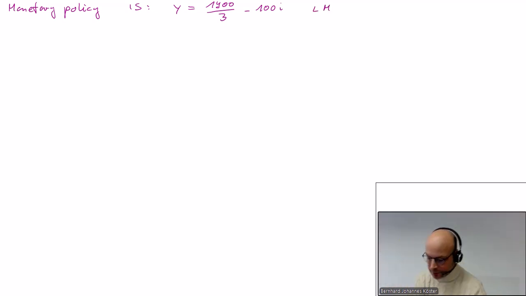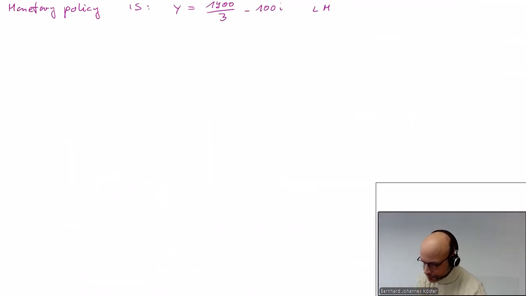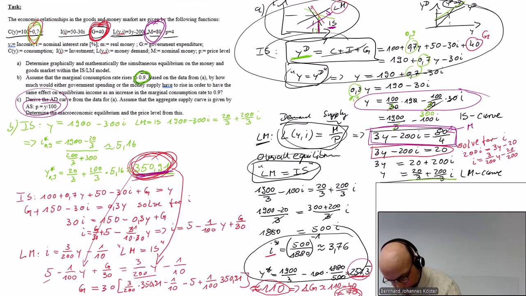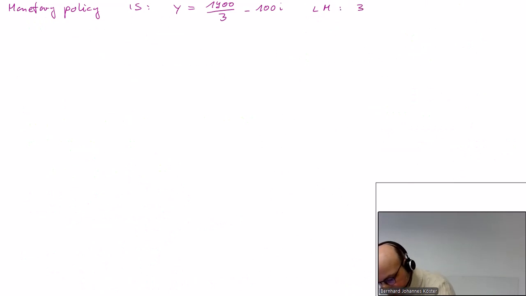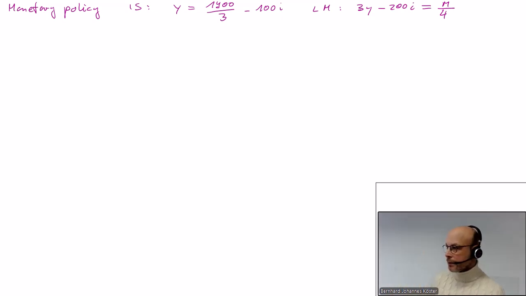And the LM curve in our case would be 3 times y minus 200 i equals now m over 4.